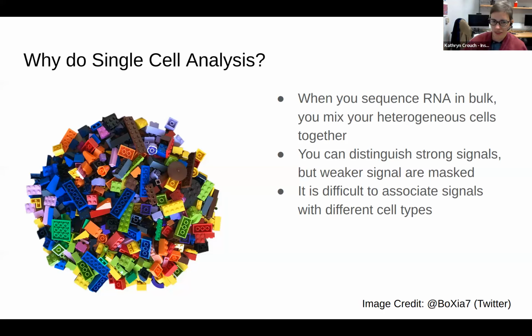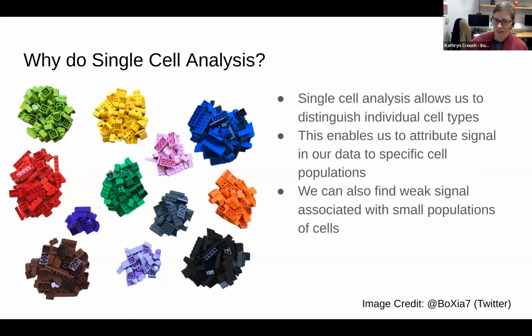So what single cell sequencing allows us to do is something like this instead. We can separate our cells out into different cell types, and then we can measure the expression of our genes in all of those cell types. And that allows us to do a couple of different things.